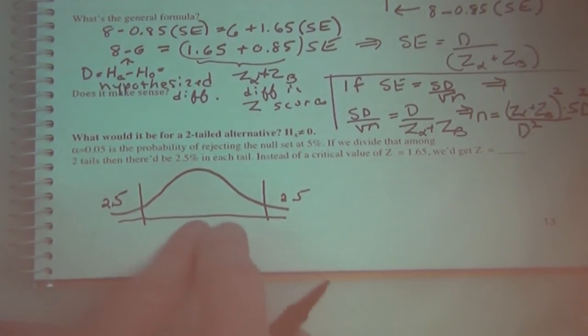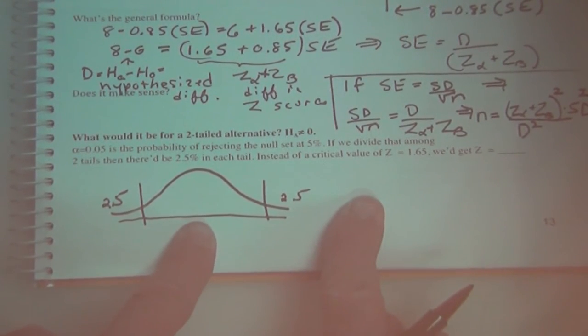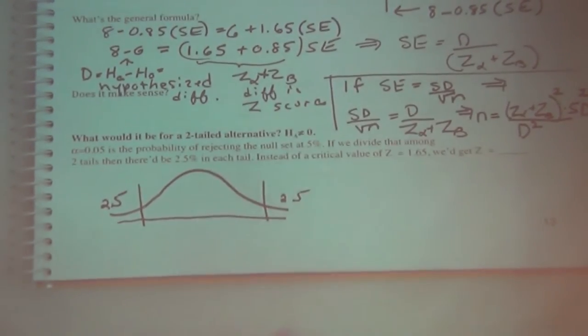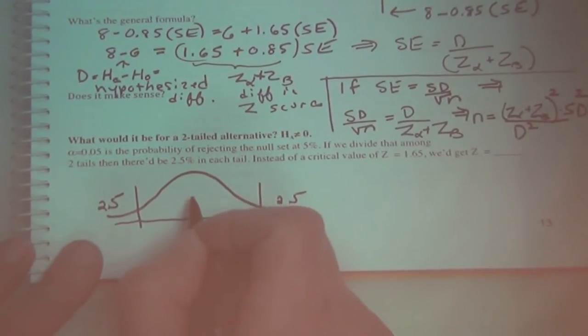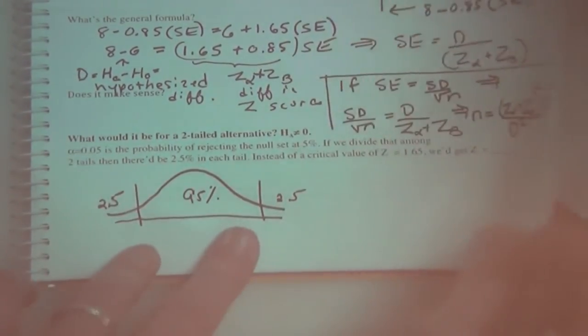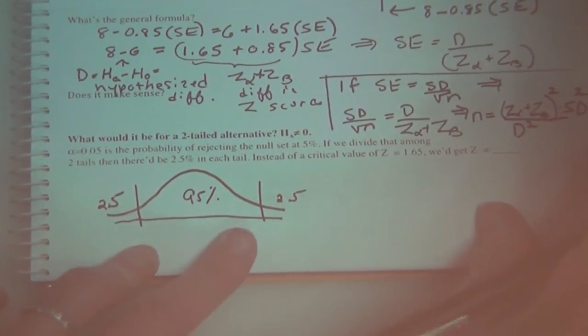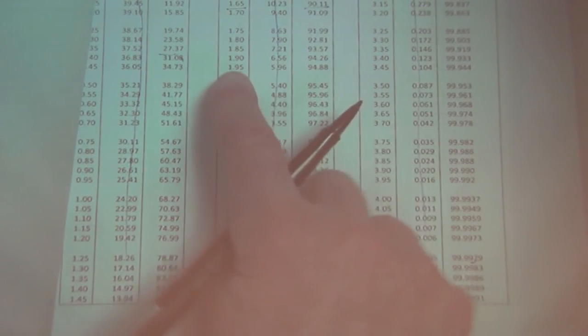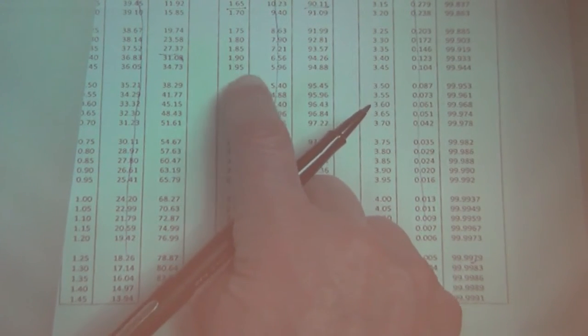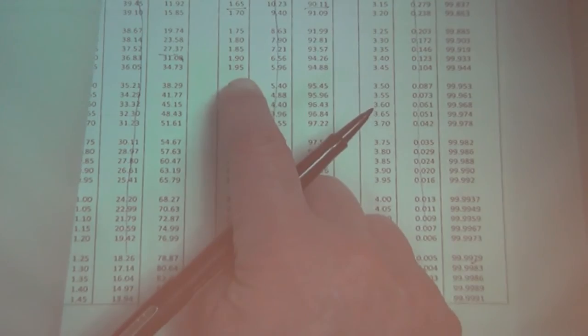You just think that it's not going to be the same as the null. So the alternative could be either this far away, this high or low. And so then you look for 95% in the middle. So your critical value would be, instead of 1.65, between 1.95 and 2. Sometimes we just round to 2, a lot of people do, but usually people use 1.96.